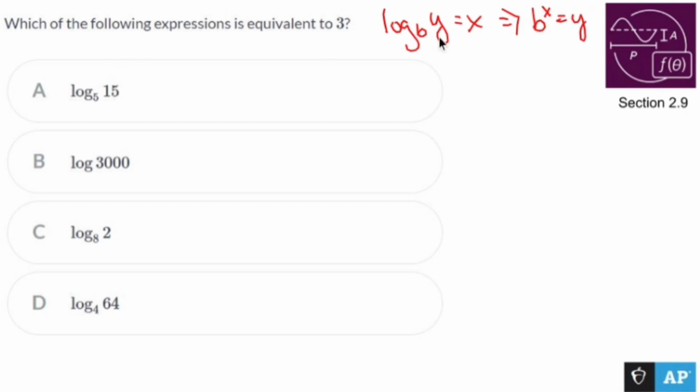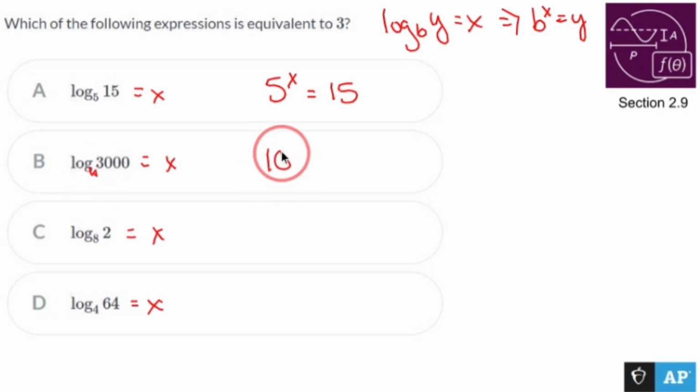Although this is an unnecessary step, I like to set all of these logs equal to x and then rewrite them. Might be doing too much here, but this is just what I like to do because it helps my brain navigate these. So you are a base, you are my y, and you're my x. So 5 to the x equals 15. That's how I can write you out. You're an invisible 10. So 10 to the x equals 3,000.